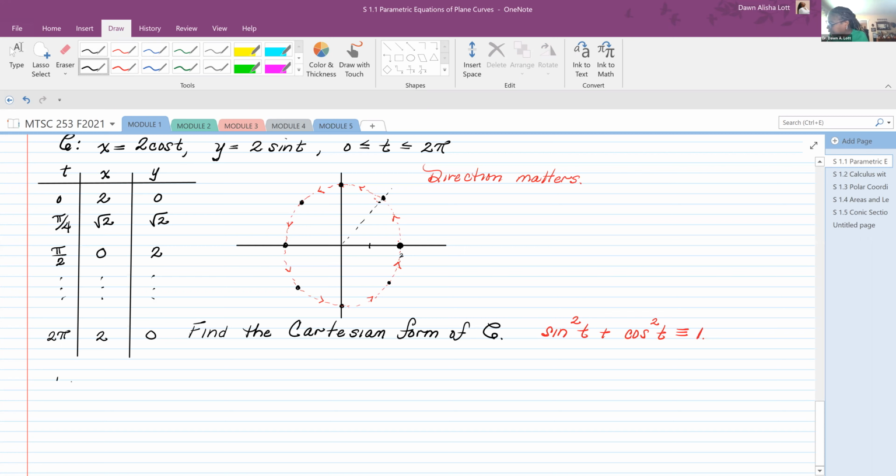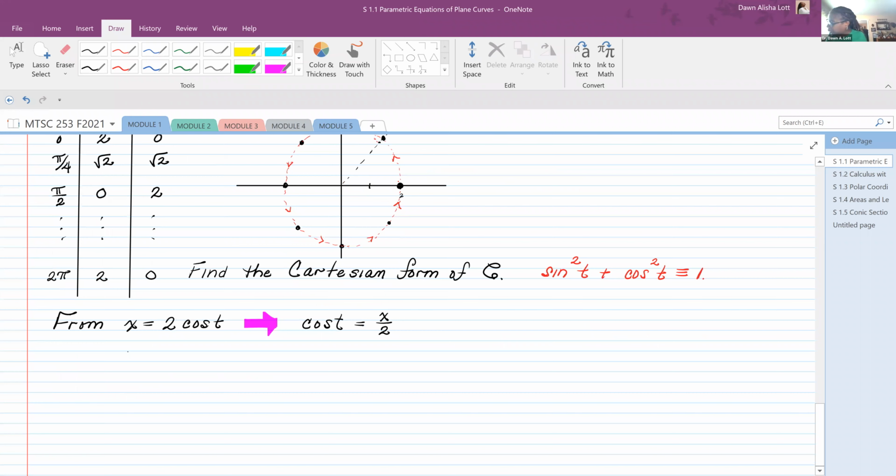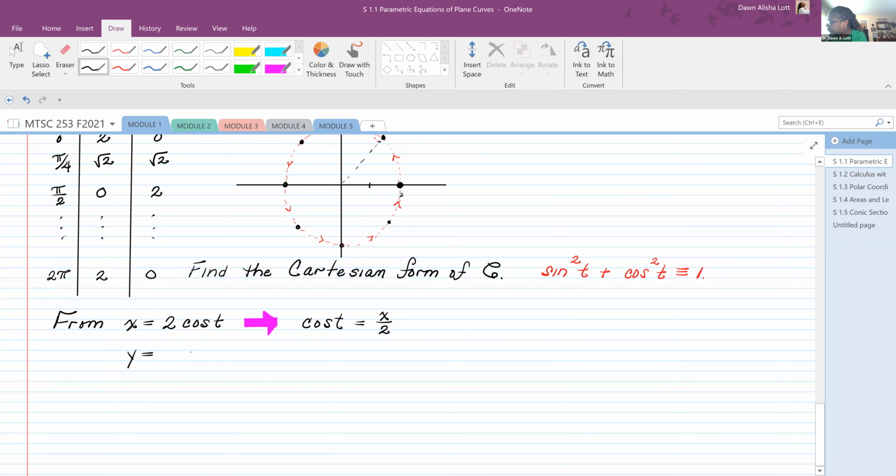So from x is equal to 2 cosine t, we're going to get that the cosine of t is x over 2. And from y equal to 2 sine t, we're going to get the sine of t is equal to y over 2.